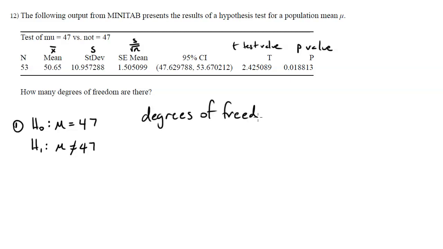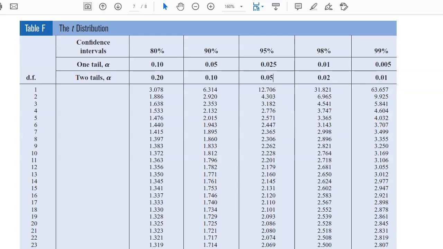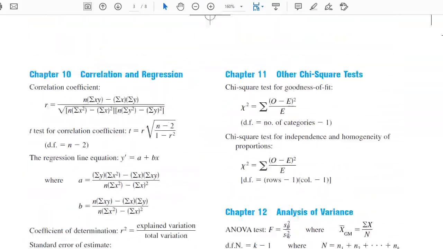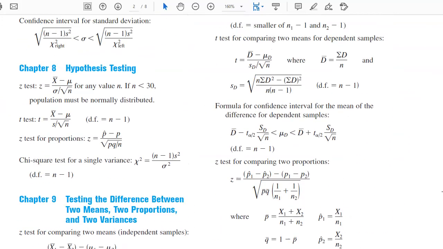How do you find the number of degrees of freedom? Is it on the formula sheet? Might be. This is chapter 8, I believe. Yep, hypothesis testing. So for a t-test, here's the formula to compute the t-test value, but we've already done that. The Minitab gives us that.